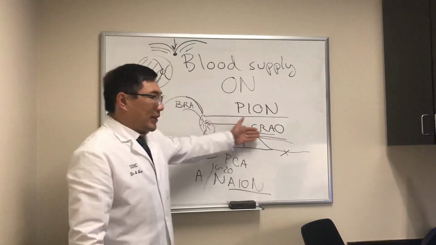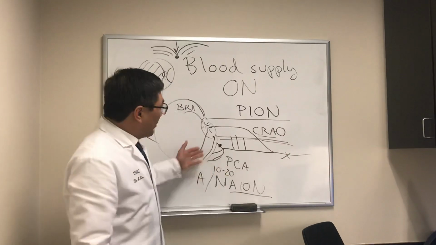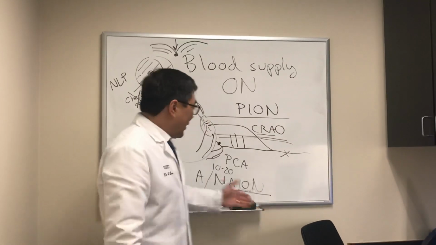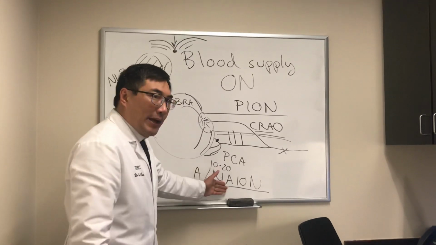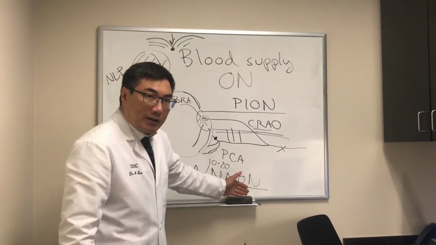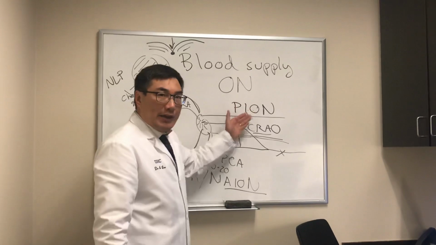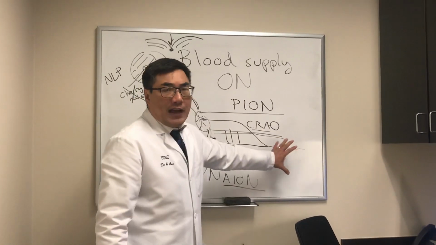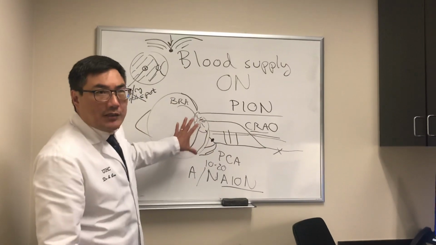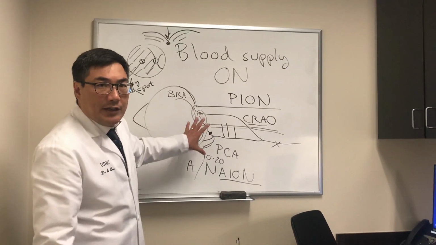In the retina, we're looking at central retinal artery. These are branches of the ophthalmic. We can have CRAO, BRAO, AION, either arteritic or non-arteritic, and we can have PION, posterior ischemic optic neuropathy. And so knowledge of the vascular supply to the optic nerve helps us understand ischemic events that occur in the eye.